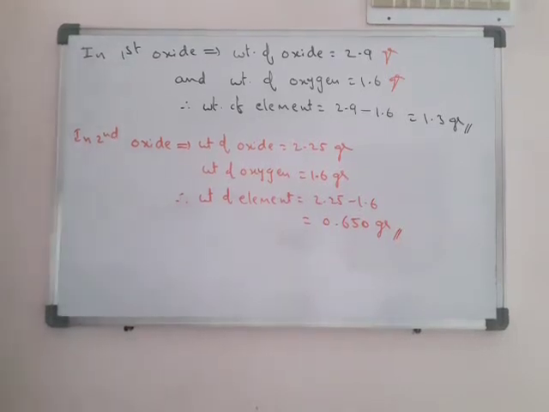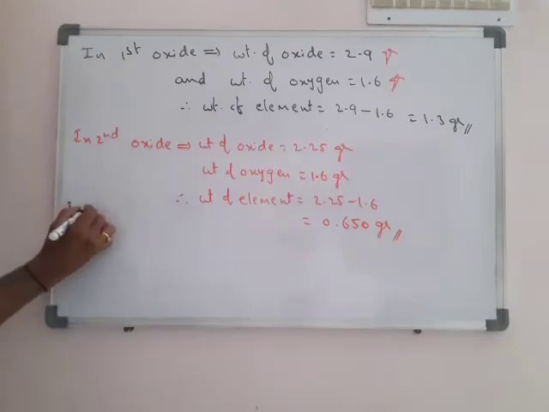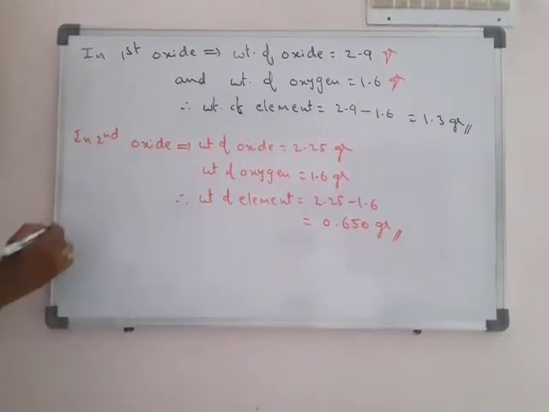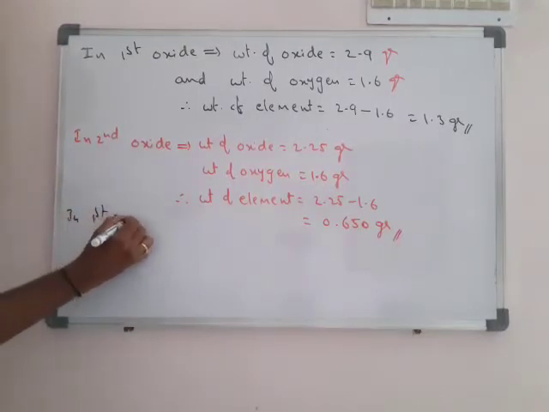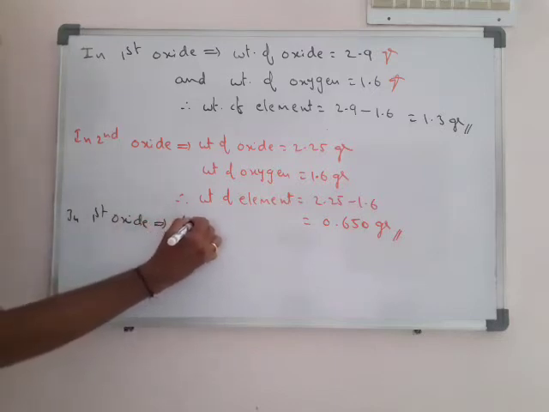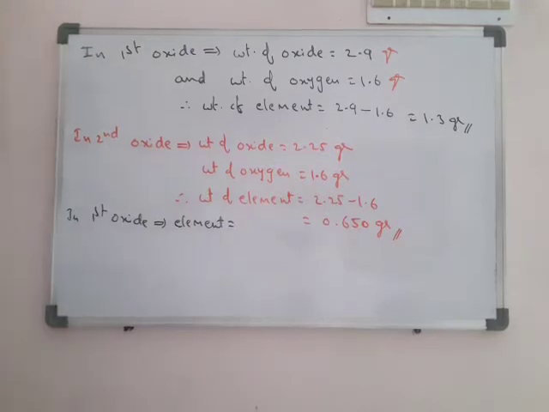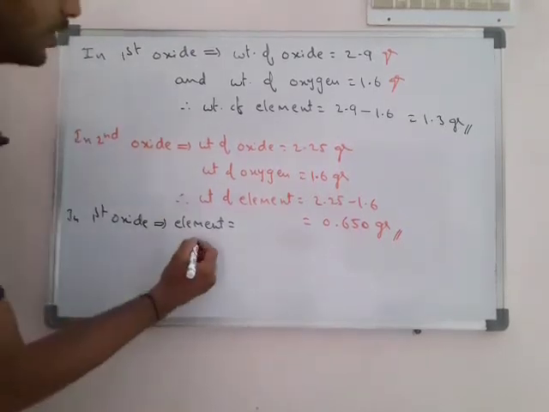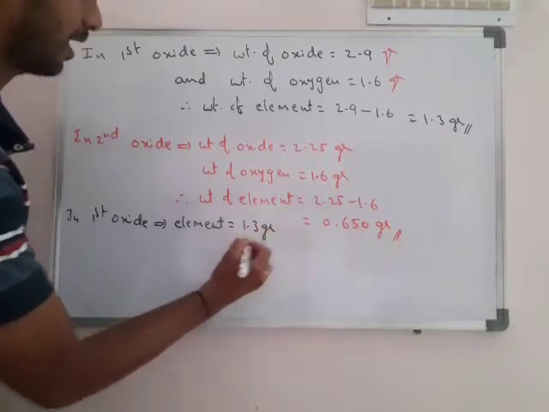Now we compare both. In the first oxide, the element is equal to 1.3 grams.